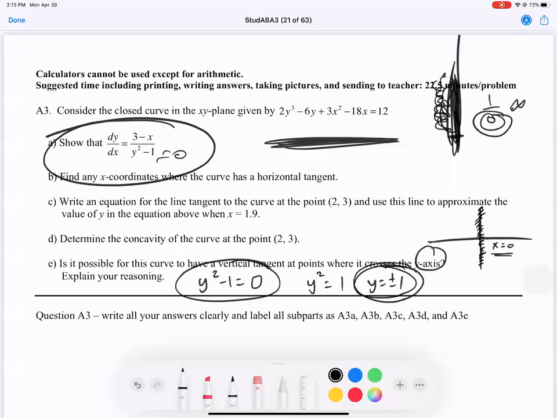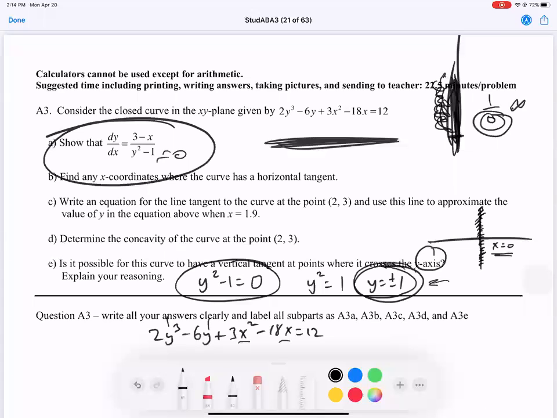The second part here is, when is the graph actually going to be y equal to 1? So we came up with the equation of the graph, which is 2y cubed minus 6y plus 3x squared minus 18x equals 12. So plug in 1 and see what the x value has to be.